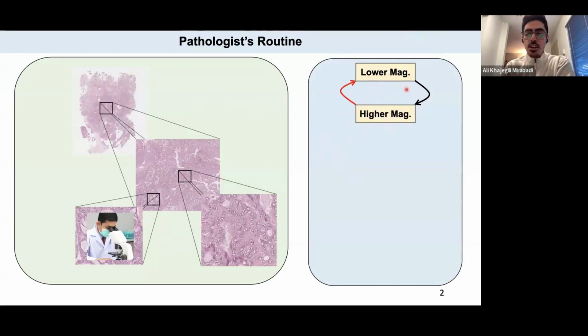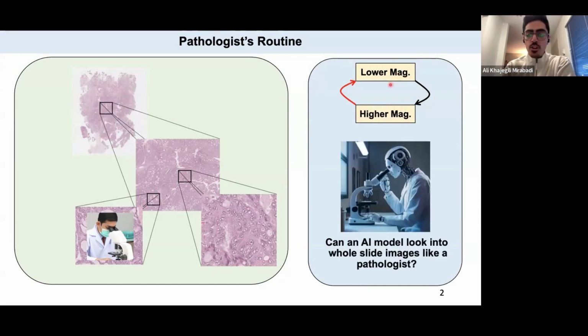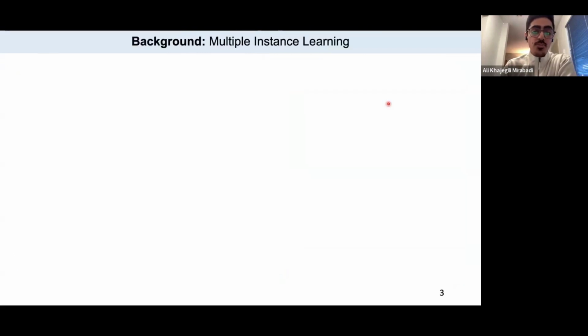So they use this cycle, lower mag to higher mag, and vice versa, to confirm the diagnosis. And our question here is, can an AI model look into whole slide images like a pathologist, choosing both magnifications to make a diagnosis?